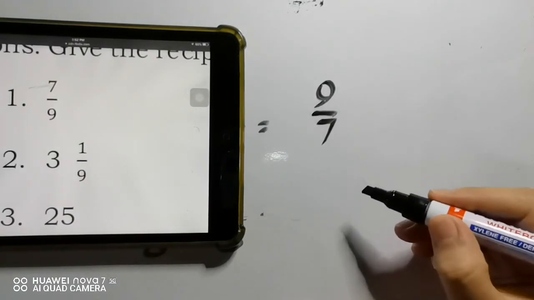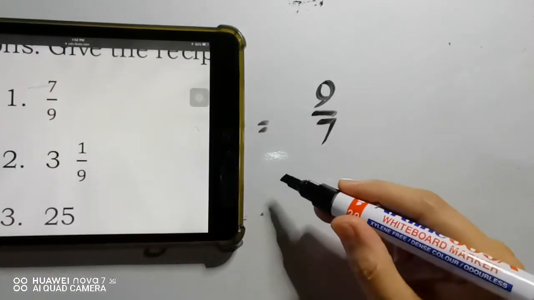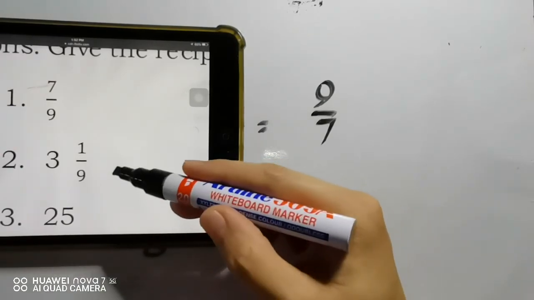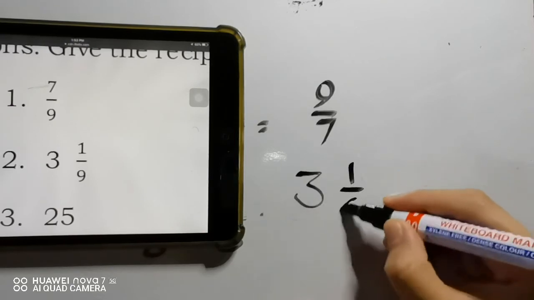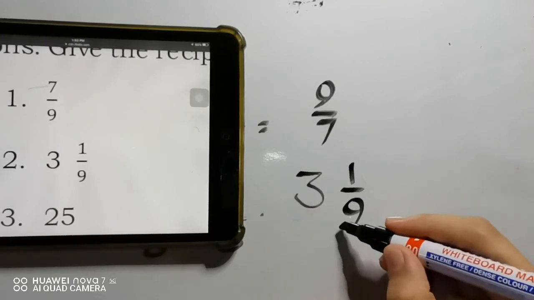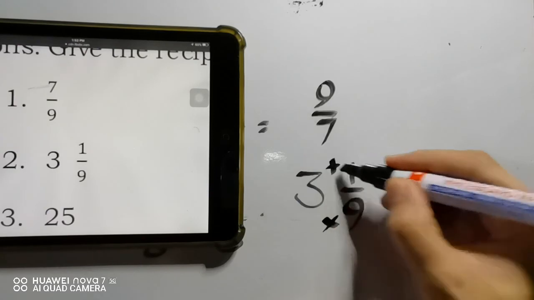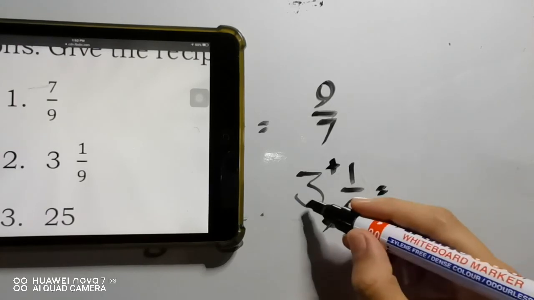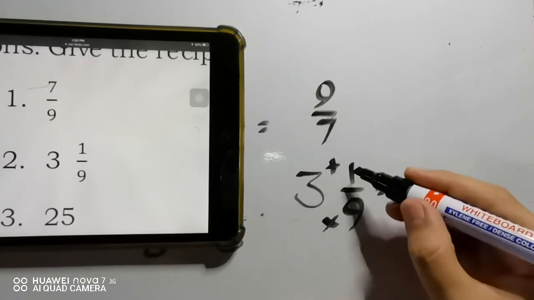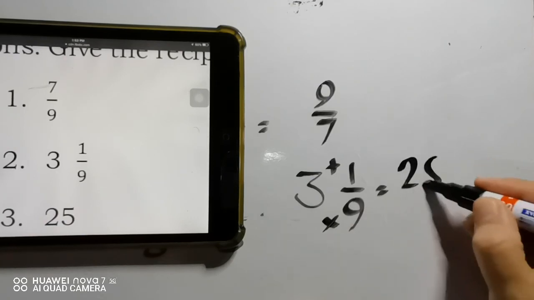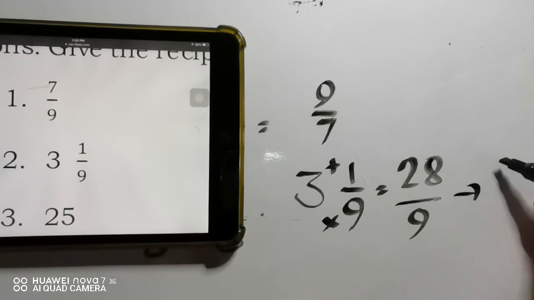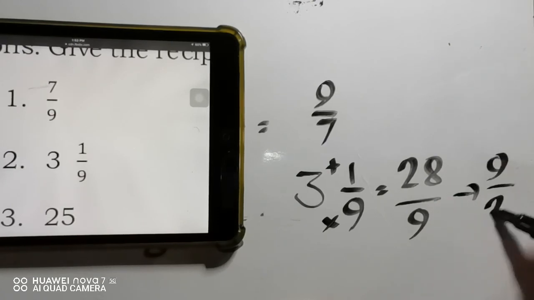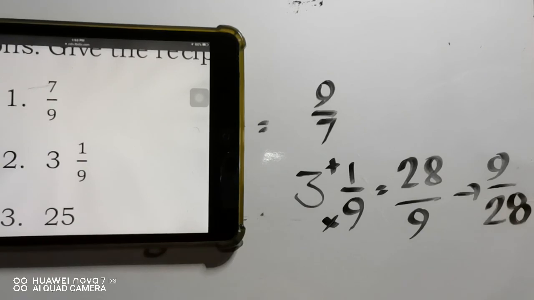And then, ito naman, yung 3 and 1/9. So, ganun din. Multiply, and then add. Okay. 9 times 3, we have 27 plus 1, 28/9. And then just get the reciprocal, 9/28. Okay? Yan yung kanyang reciprocal.